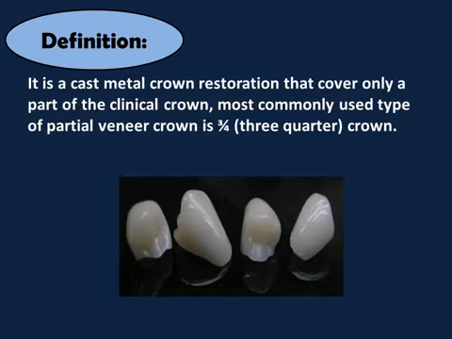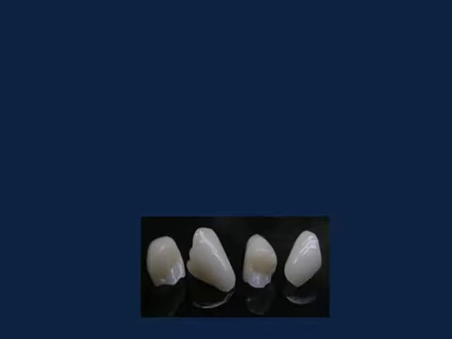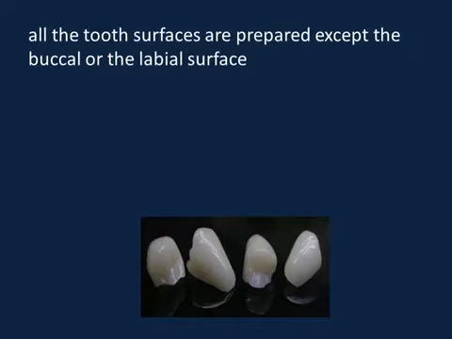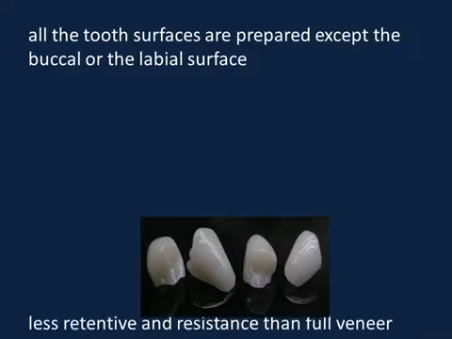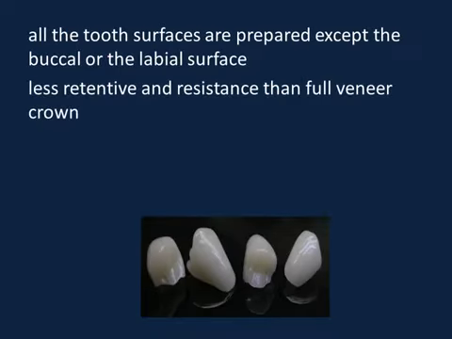The partial veneer crown is a cast metal crown restoration that covers only a part of the clinical crown. The most commonly used type of partial veneer crown is the three-quarter crown. In the three-quarter crown, all the tooth surfaces are prepared except the buccal or the labial surface.